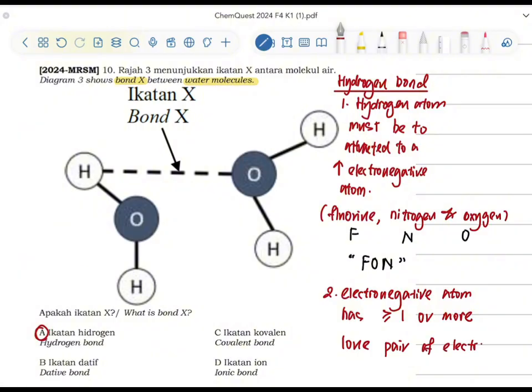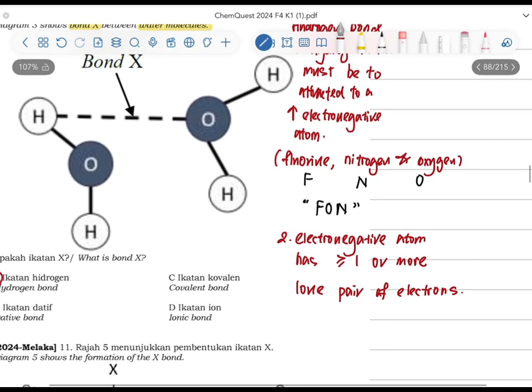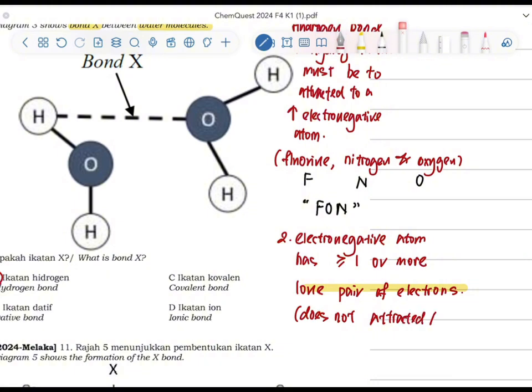A lone pair of electrons means the electrons are not involved in bond formation.